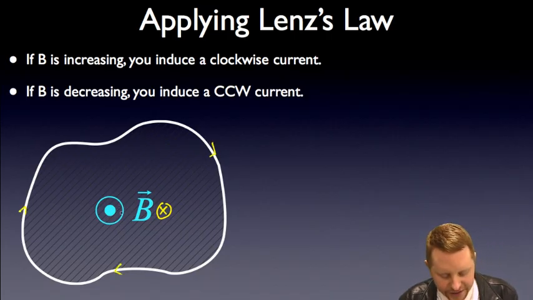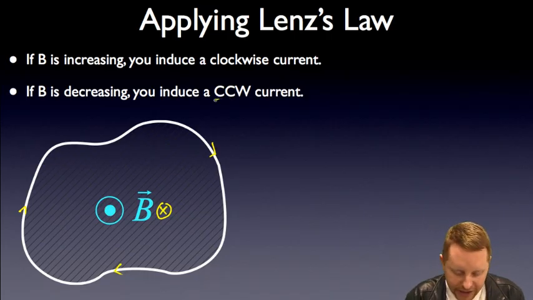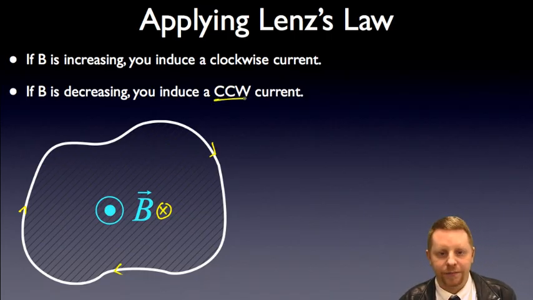If instead this was decreasing instead of increasing, as that field is decreasing out of the plane of the page, the induced current wants to keep it the way it was, so it's going to add to the magnetic field coming out of the page, so you would get a counterclockwise current. Lenz's law takes a little bit of practice, but once you have it down, you'll be all set. Once you have it, it's pretty easy to use.